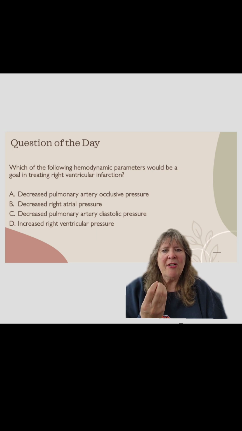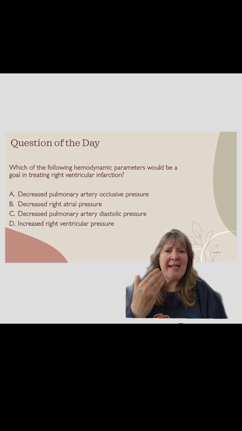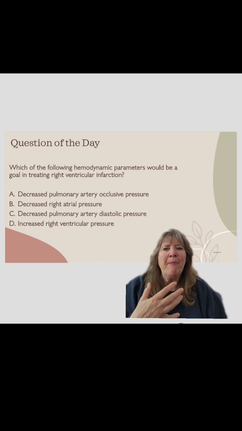Otherwise, if somebody has bad tricuspid stenosis, then the right atrial pressure is not necessarily right on target with the right ventricular filling pressure. The right atrial pressure will be higher. So when we say that right atrial pressure should reflect right ventricular filling pressure, the assumption is always made that that's in the presence of a functional tricuspid valve. I just want to throw that in.